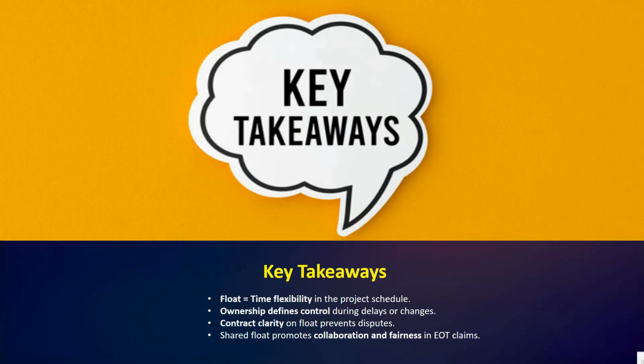So next we have key takeaways. Let's summarize the key points. Float represents schedule flexibility in a project, and ownership defines which party controls the flexibility during delays. Clear contract language about float prevents disputes and misunderstandings.